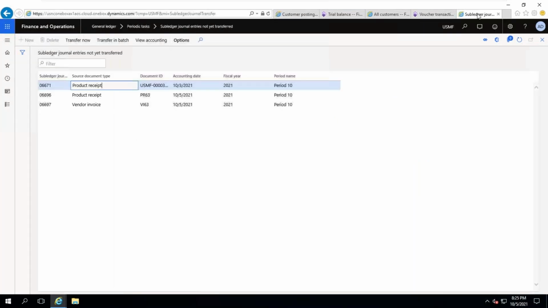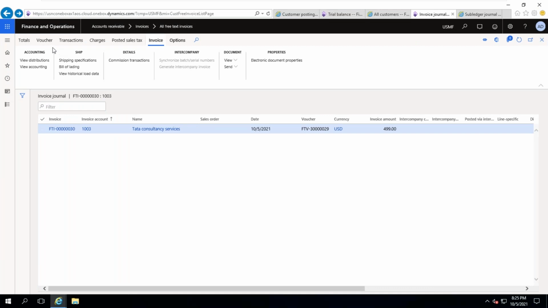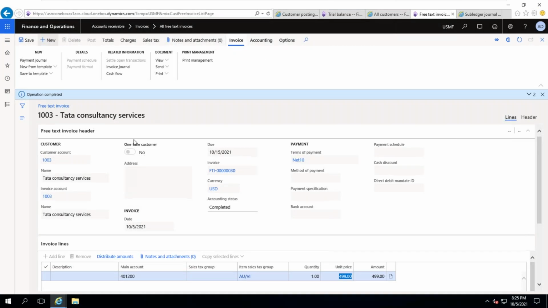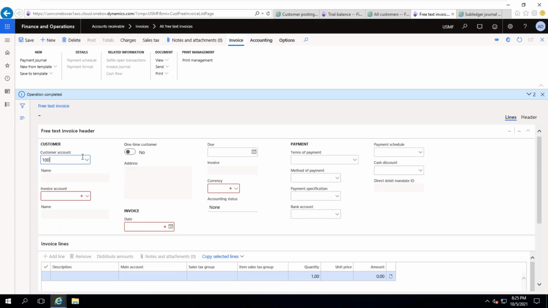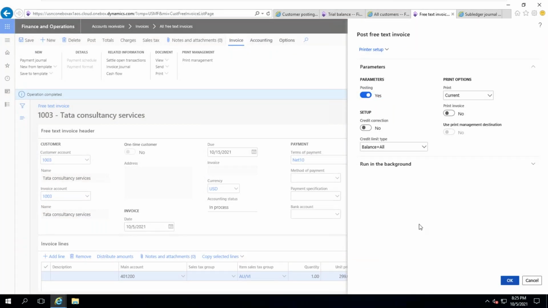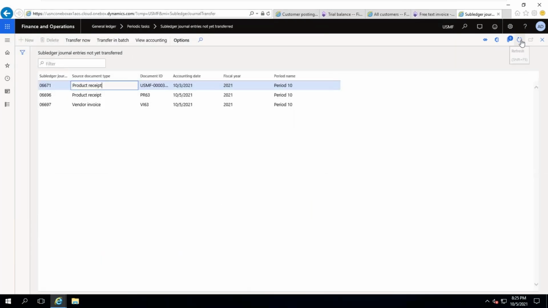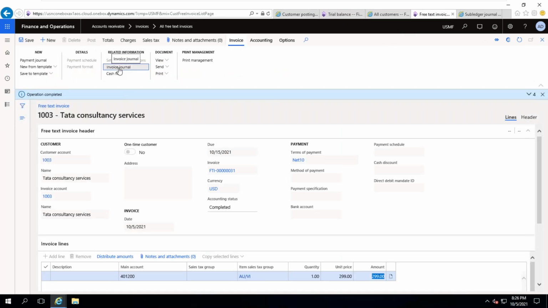Now, if you post a transaction and verify, it will post to 130100.